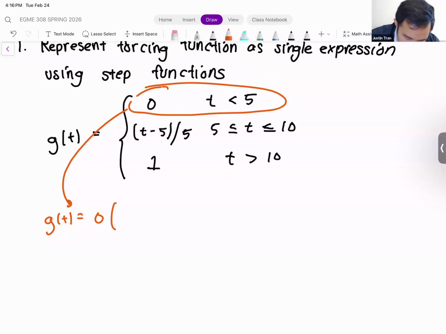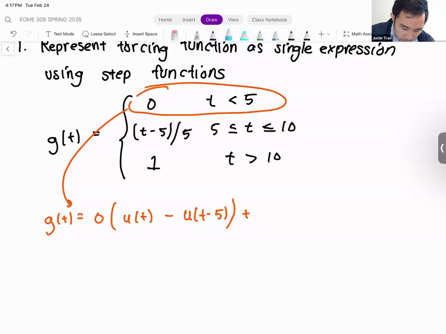This function turns on at t is equal to 0, so we're going to multiply this by u of t. And then we're going to turn it off at t is equal to 5, so we're going to subtract u of t minus 5. Now, of course, all that is a moot point because we're multiplying this by 0, but I just wanted to illustrate that to you. Of course, 0 supersedes this as all equal to 0, but just for the sake of completeness, we'll keep it there for now.